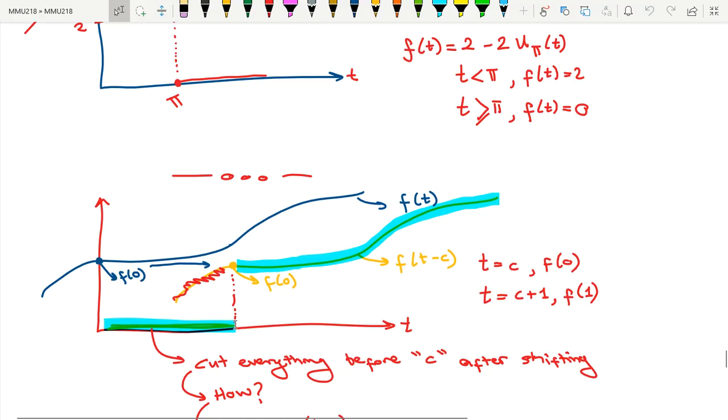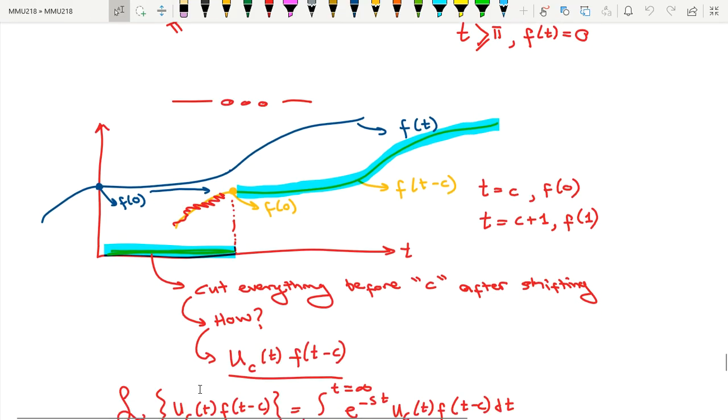c, after shifting, I want to be able to cut that signal from my function. How do I do that? I will multiply my shifted function, the time shifted function, with the unit step function at c. So what does it do? Up to c, everything will be nullified.